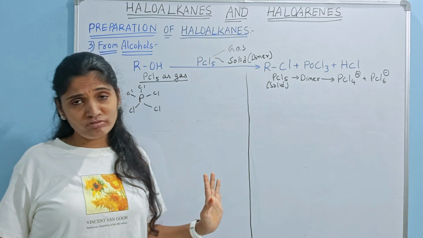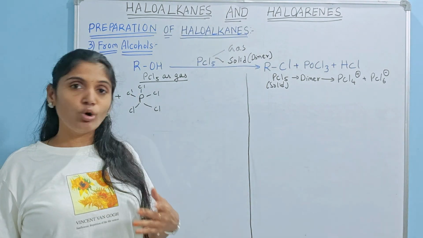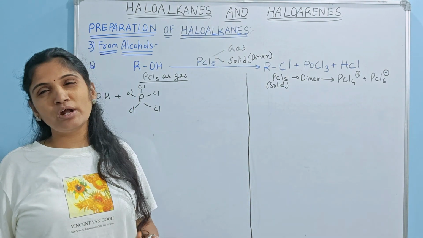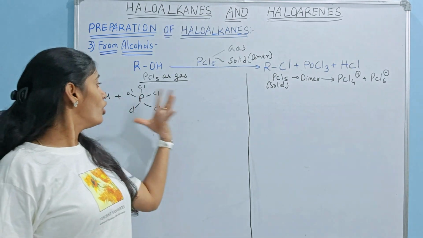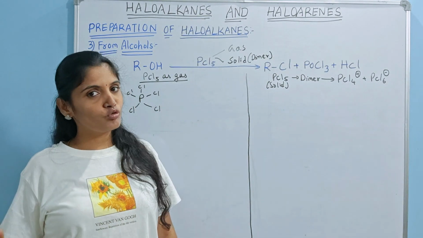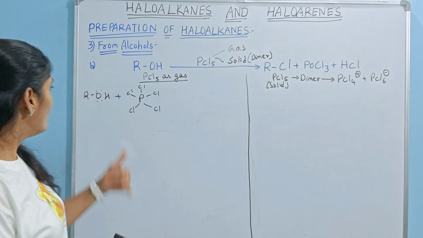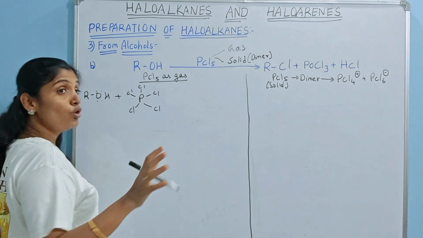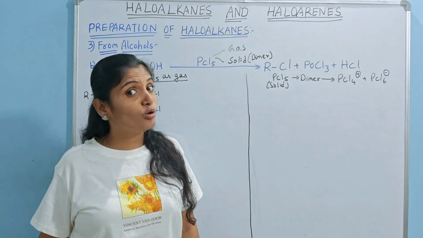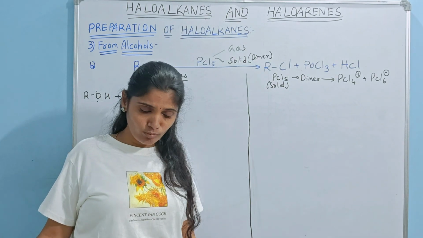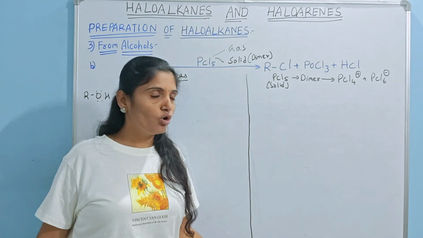Phosphorus has been surrounded by 5 chlorine atoms, but all the 5 chlorine atoms, being highly electronegative, are very selfish and always try to keep the shared pair of electrons towards themselves. So when phosphorus sees an oxygen, and we also know phosphorus has a vacant d orbital, you have studied this in chemical bonding.